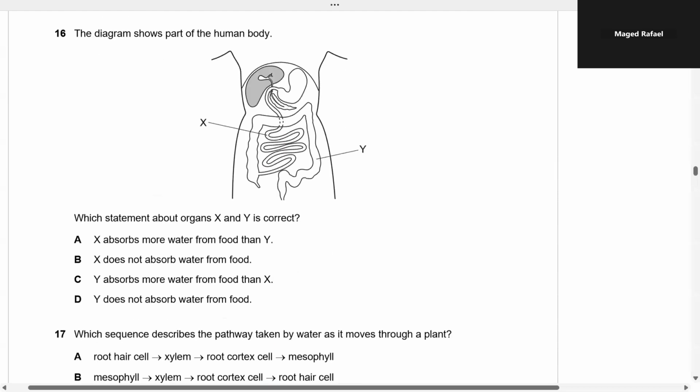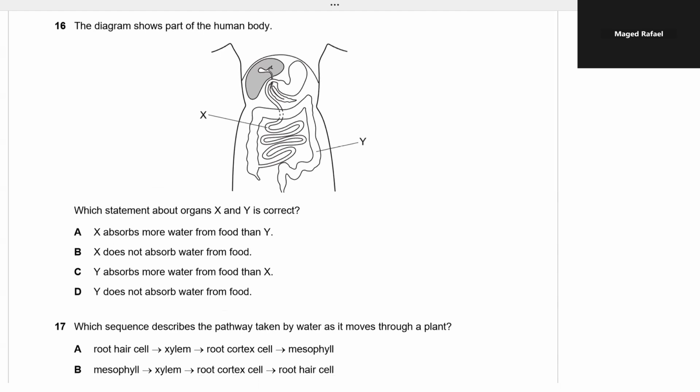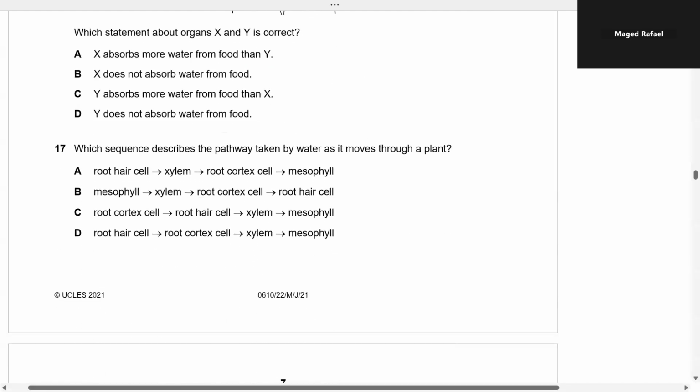Question 16, the answer is A, absorbs more water. More absorption will happen in X than Y. Y is the reabsorption process, but the absorption process happened more in X. Question 17.